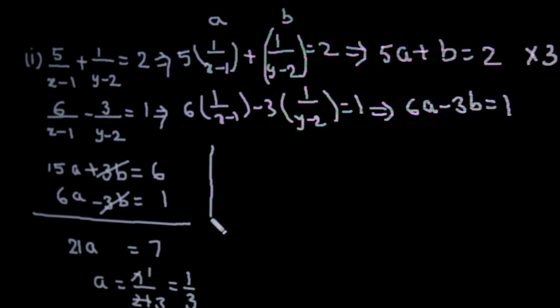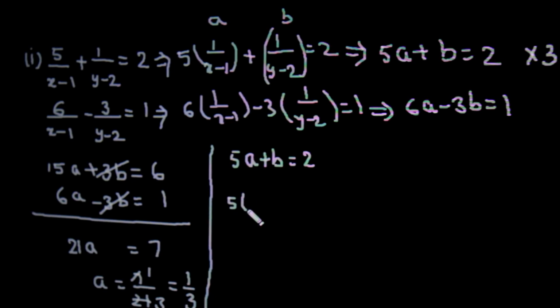After getting a as 1 by 3, you have to find b by substituting in either of the equations. This is simple, therefore 5a plus b is equal to 2. 5 into, what is a? 1 by 3, plus b is equal to 2. b is equal to 2 minus 5 into 1 by 3, which is 5 by 3.